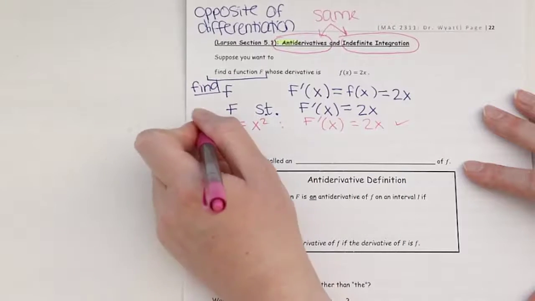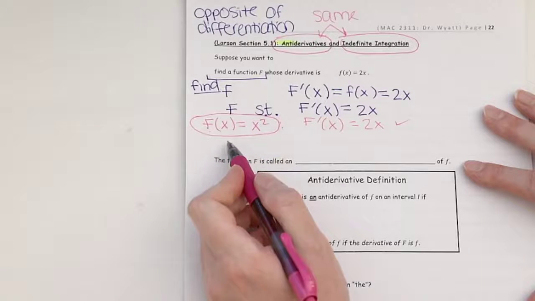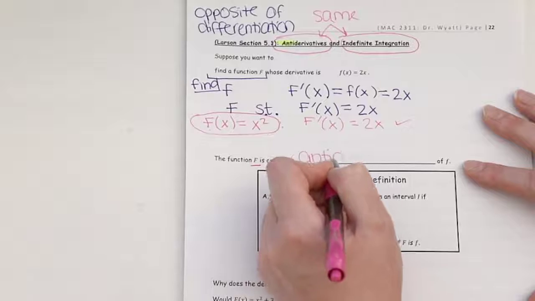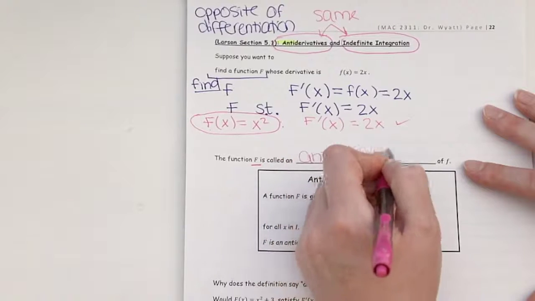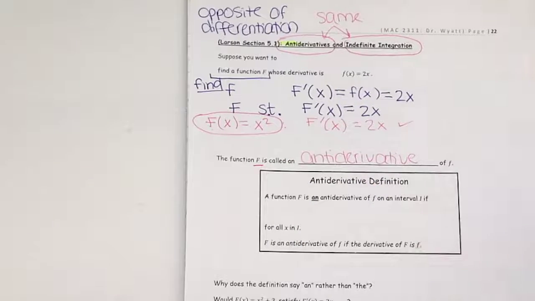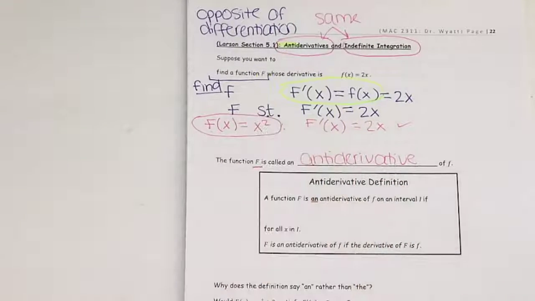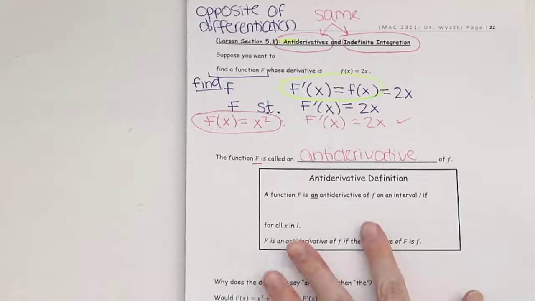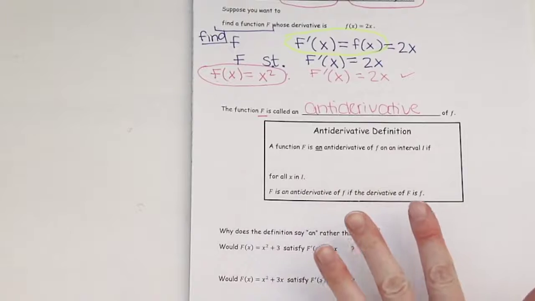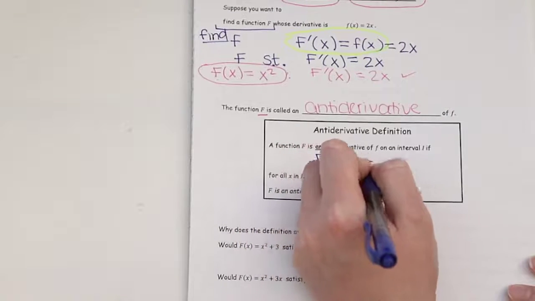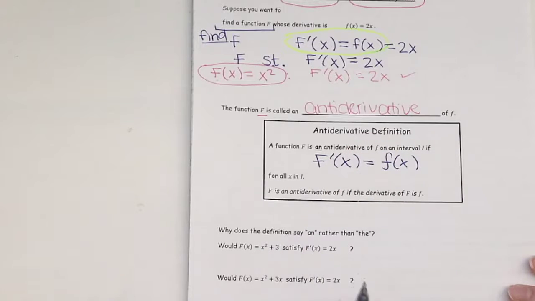Okay, so that tells us that this capital F function is called an antiderivative of little f. And that antiderivative definition is really encapsulated in this equation here, that capital F's derivative is equal to little f. Okay, so the formal definition of an antiderivative is that capital F prime is equal to little f of x.